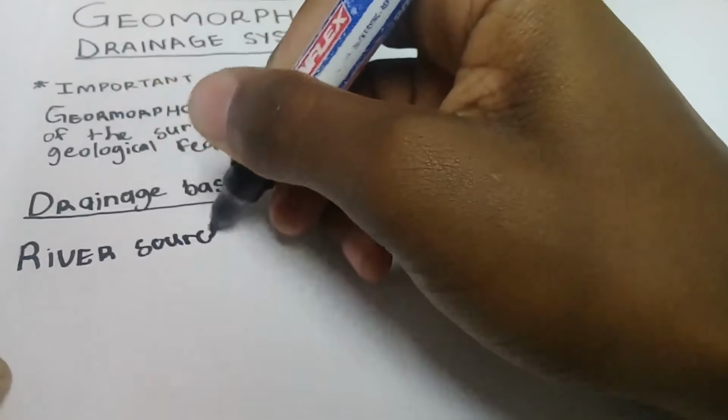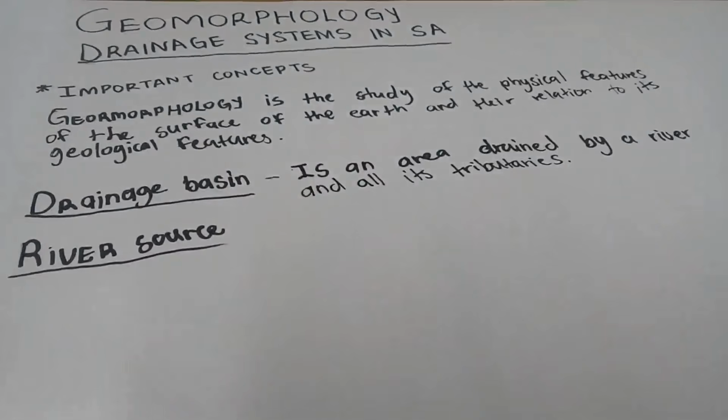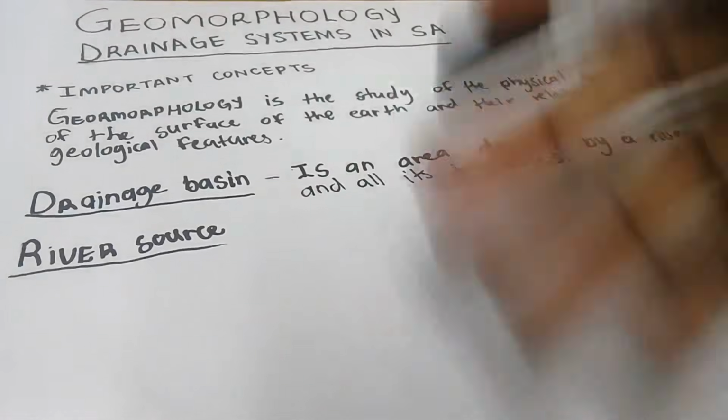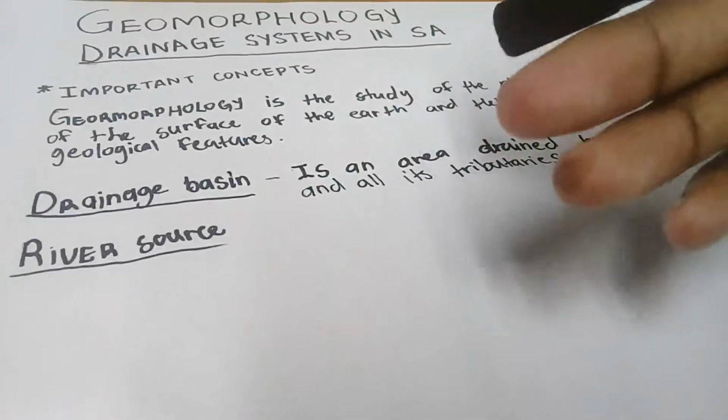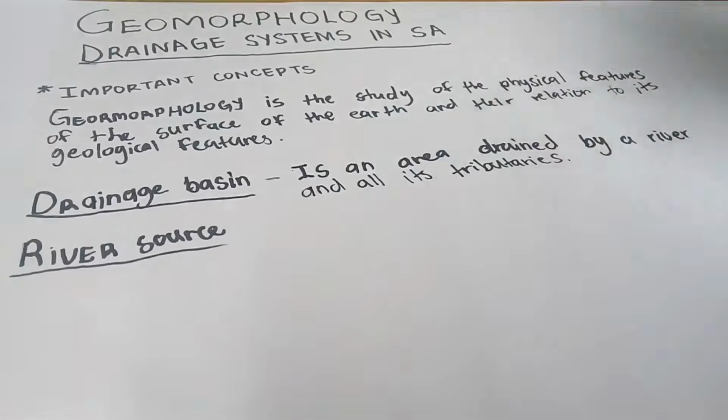A river source. I will stop writing capital letters now. I'm going to put a picture of a drainage basin related to this definition so that you can practically see them on a sketch and create a better understanding.